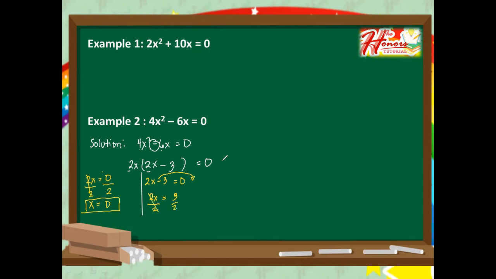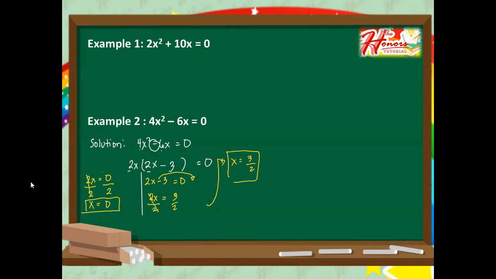Cancel. Now we have here x equals 3 over 2. No need to change this into a mixed number. It's enough. 3 over 2 is the answer. So for the roots, we have here the first root, which is x equals 0, and the other one is x equals 3 over 2. It is fine that your root is a fraction.